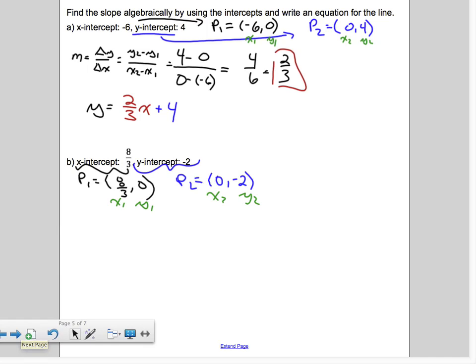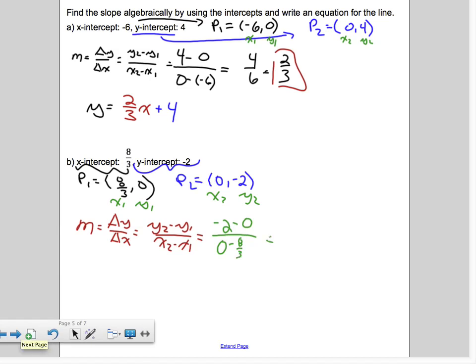So here my slope is delta y over delta x, y2 minus y1 over x2 minus x1. So here, y2 is -2 minus 0, and x2 is 0 minus 8 over 3.